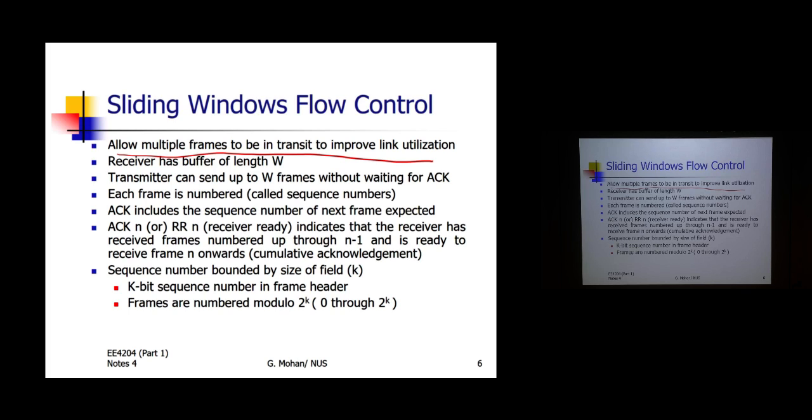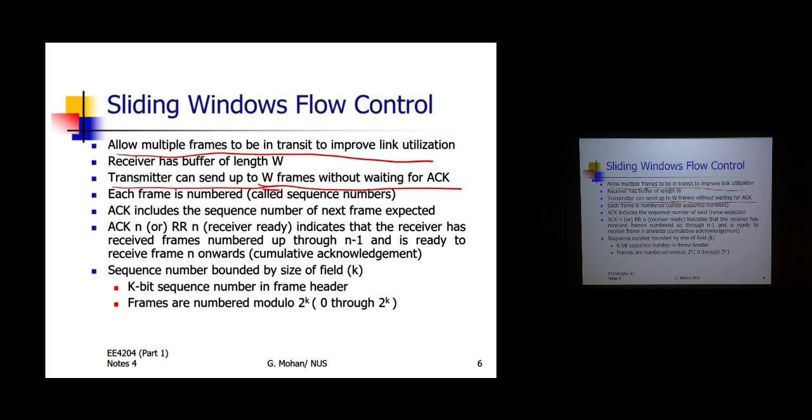Now, how long we can send is defined by a window. We assume that there is a window of size W. This is a window of frames which could be transmitted without waiting for an acknowledgement. So we say that the transmitter can send up to W frames without waiting for an acknowledgement.